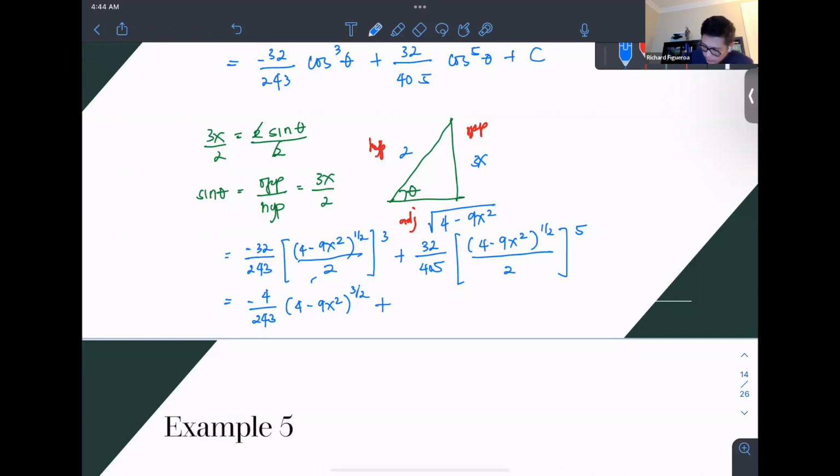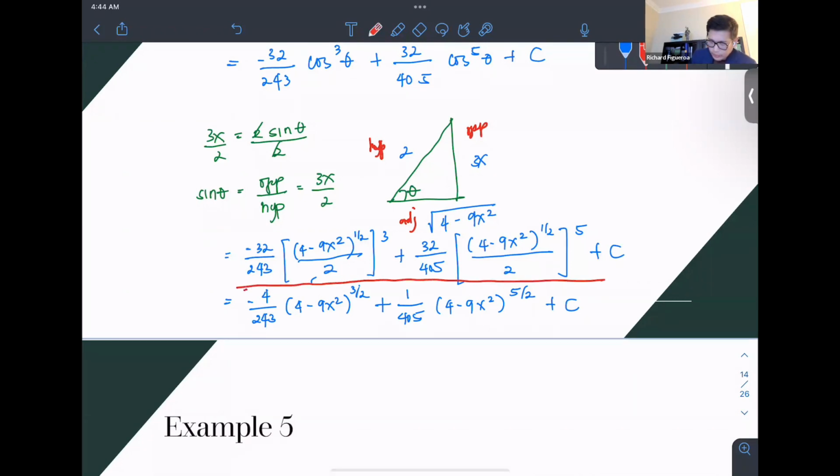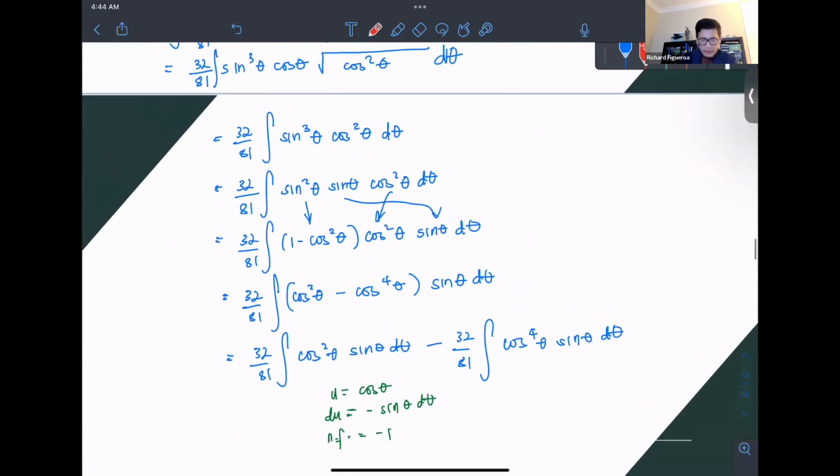And then plus, 2 raised to 5 is 32. 32 over 32 will just be 1, all over 405. And then 4 minus 9x squared raised to 5 over 2 plus c. And that's the fourth example. So the solution is a bit long, right?